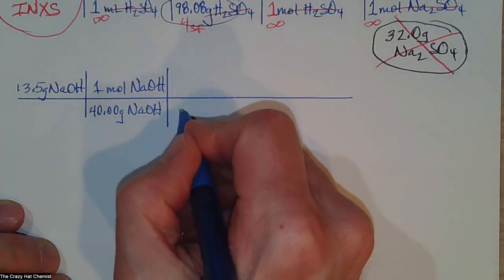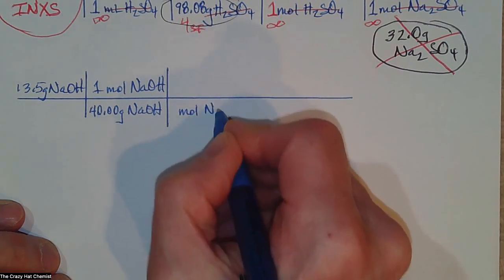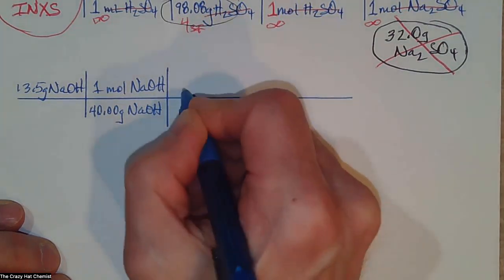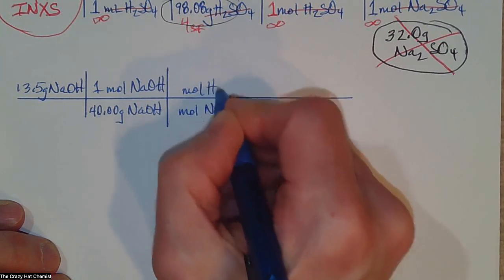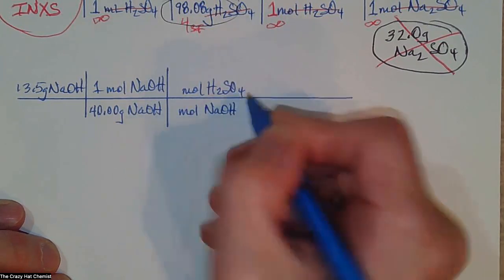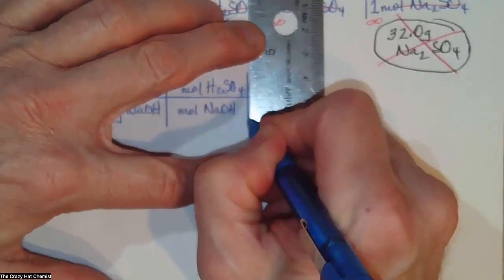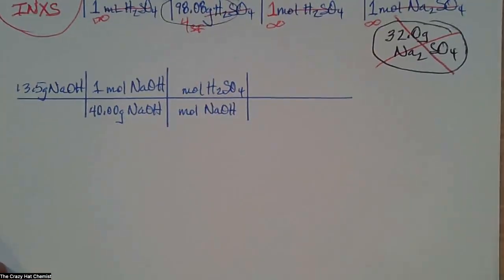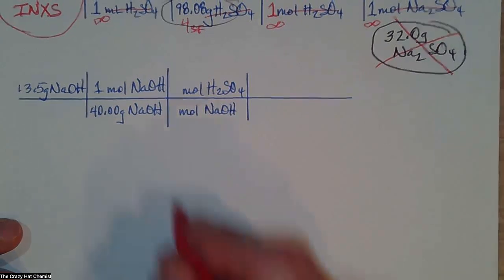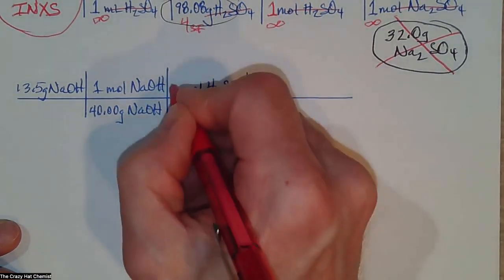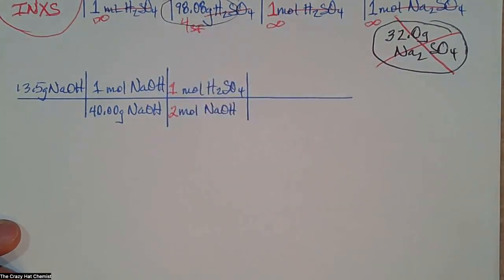Now, I'm going to use a mole ratio. That's moles of NaOH to moles of H2SO4. This is a mole ratio, and this is the only time that you can change the formula. I'm looking at the stoichiometric coefficients on the balanced equation: a 1 in front of the sulfuric acid, 2 in front of the sodium hydroxide.